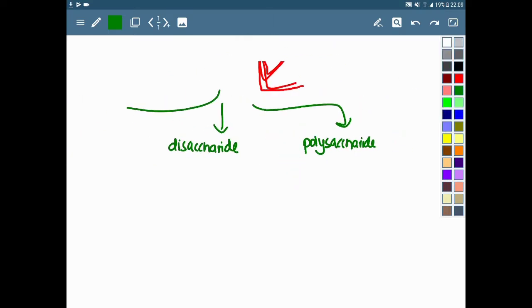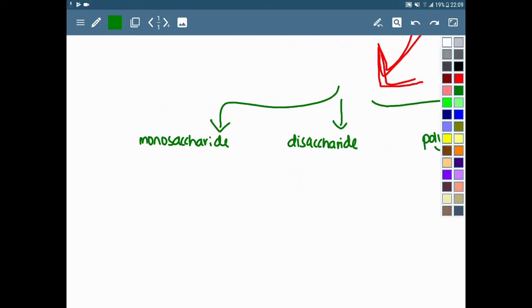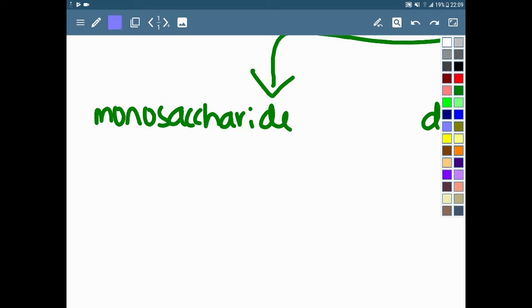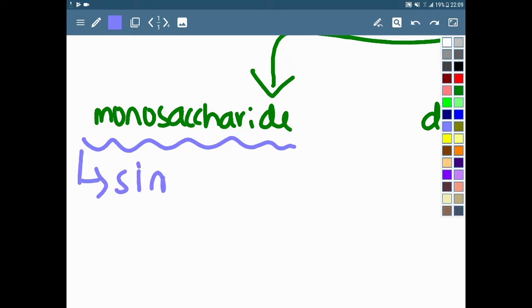For monosaccharide, it's the simplest form of carbohydrates.